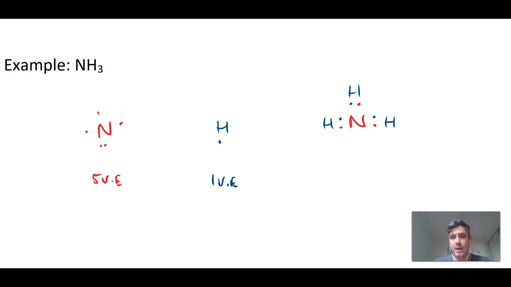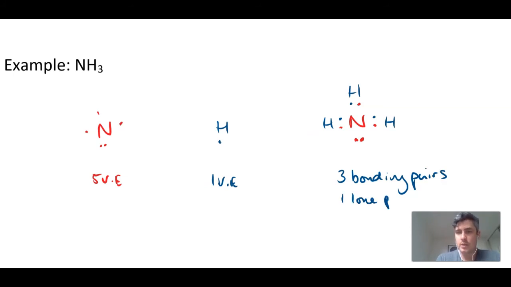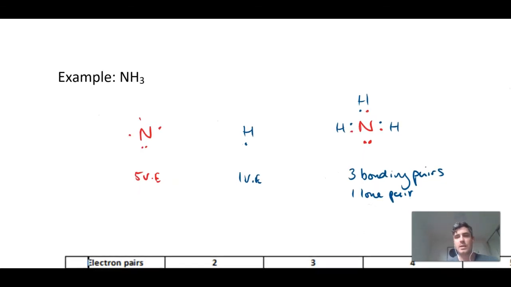I've got 2 left, so that's going to form a lone pair. So now I count them, and I've got 3 bonding pairs and 1 lone pair. That means I have a tetrahedron base structure, because there's 4 total, but it's going to be different from the normal.